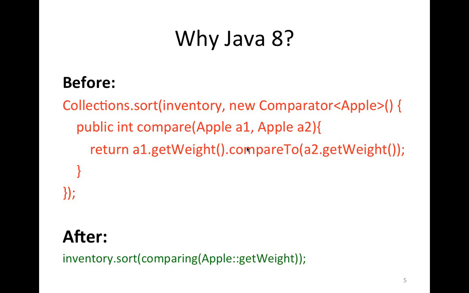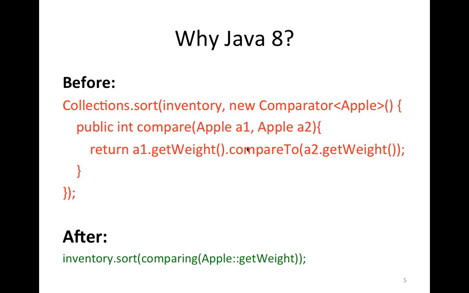In order to do this, we have to create this sort of Comparator object that explains how we can compare two apples. Here we provide an implementation for it. We implement the compare method, which takes two apples and says, just take the weight property and compare it with the weight property of the second apple. So there's a lot of boilerplate code involved to do this.